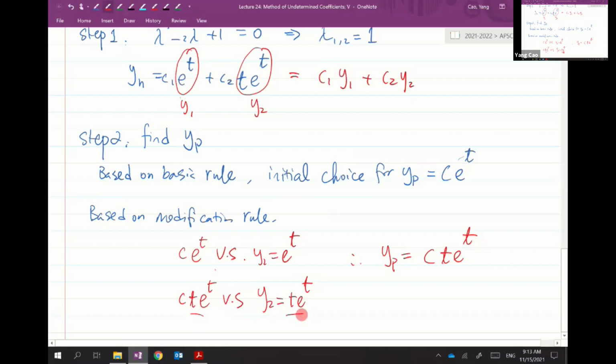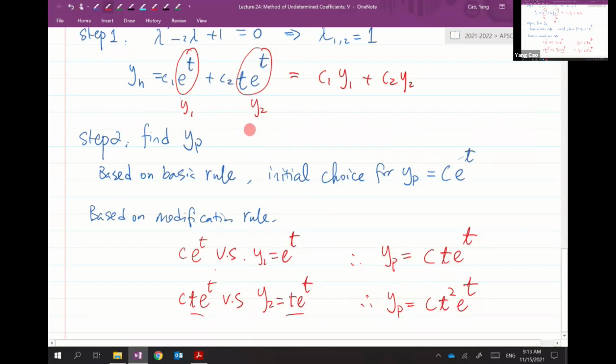Same kind of function. So according to the modification rule, you multiply by another t. It becomes ct squared e to the power of t. So this time, the choice for the yp has nothing to do with y1, y2 anymore.